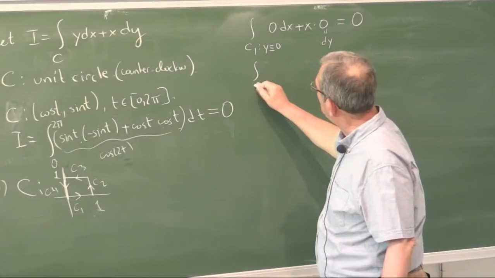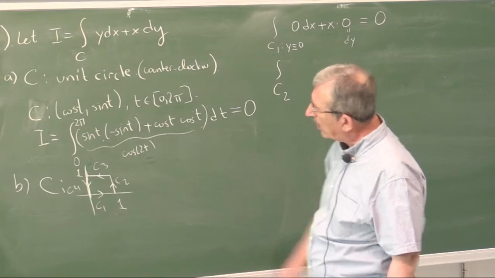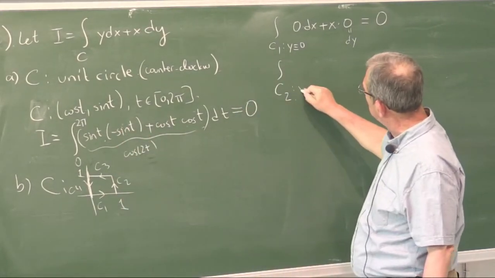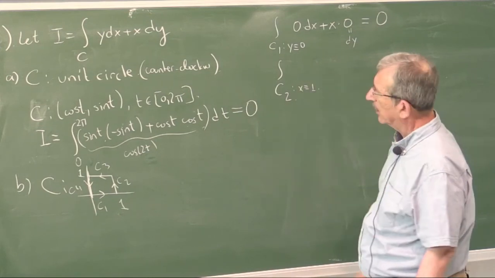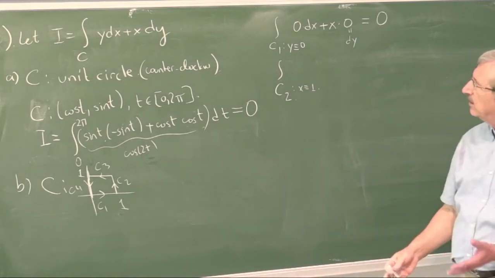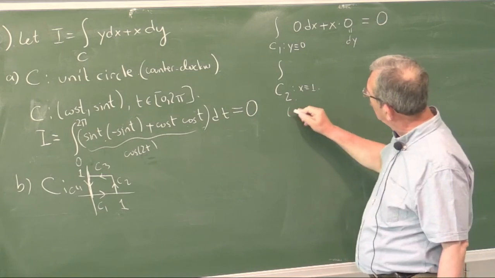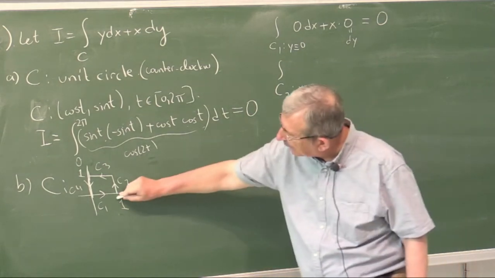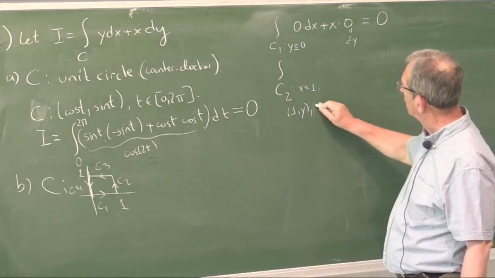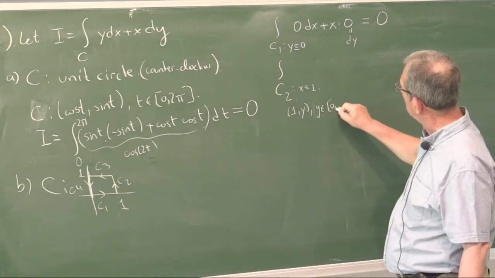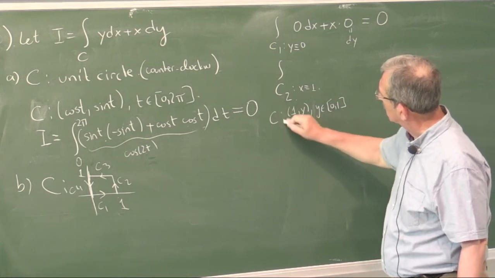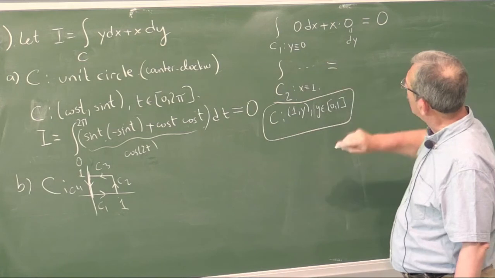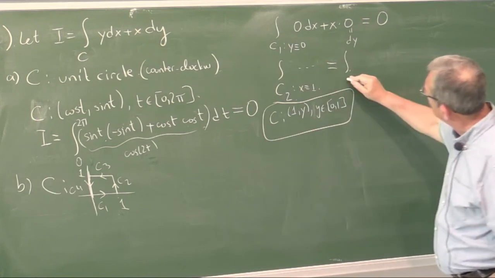Now, calculate over C2. Well, C2 is when x is 1, and y is the parameter. So a parametrization would be (1, y), and y changes from 0 to 1.